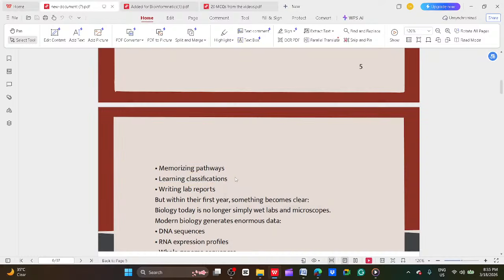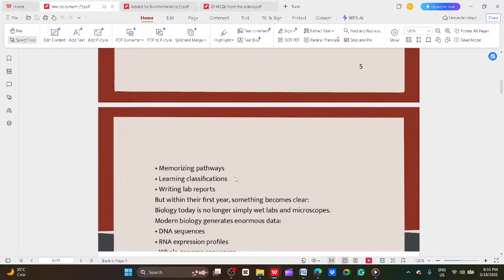I remember in those days, during our days, we would draw the Krebs cycle by our bedside so that any time before we go to bed, we recite the Krebs cycle, we learn the Krebs cycle, and anytime we are coming out of bed, we do the same. So that was what biology was meant for at that time.